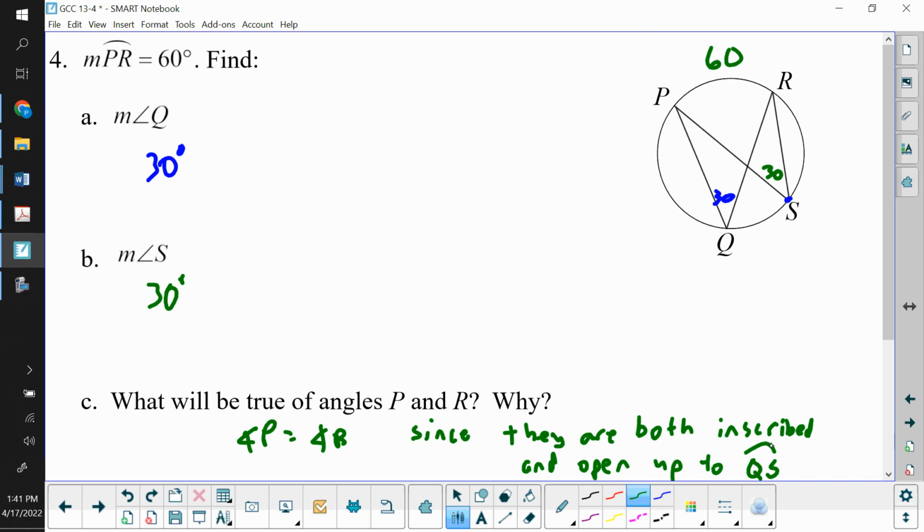So inscribed angles that open to the same arc should be equal because they're half of the same thing.